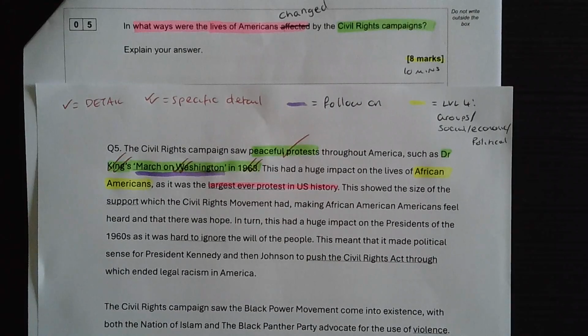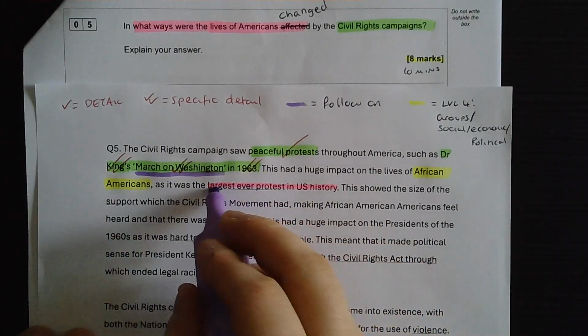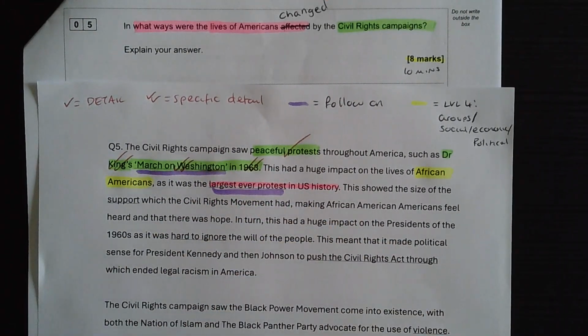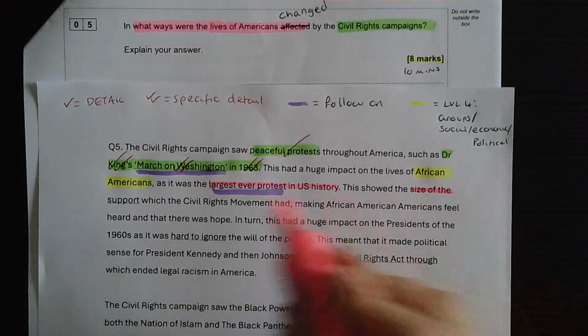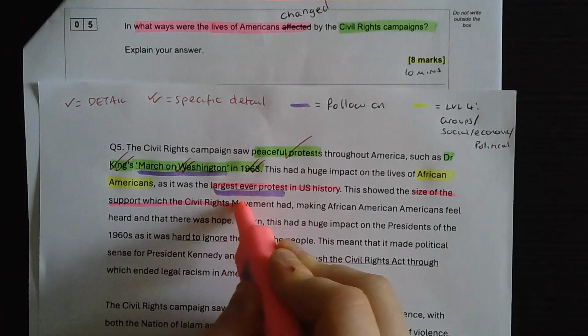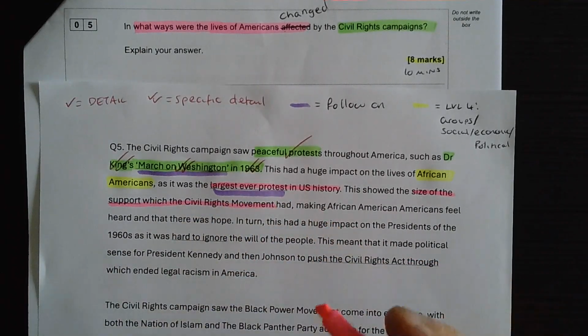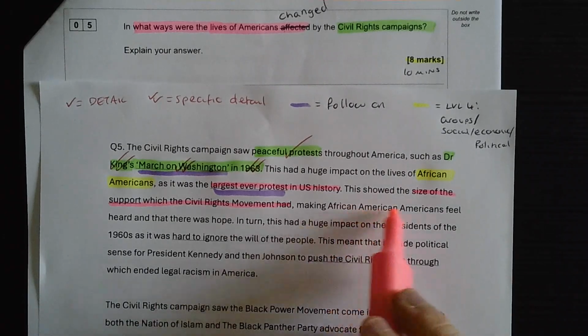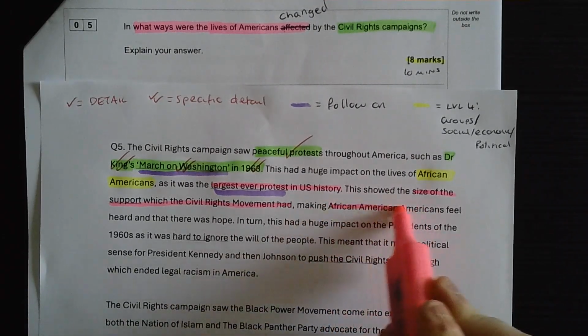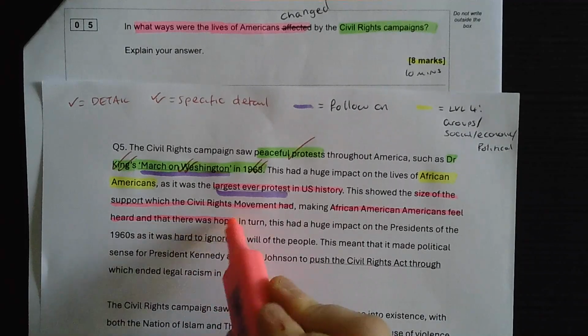And then I'd be saying, right, so what if it was the largest ever protest? How does that affect African Americans? Well, it shows the size of support within the civil rights movement, which making African Americans feel heard and that there was hope.